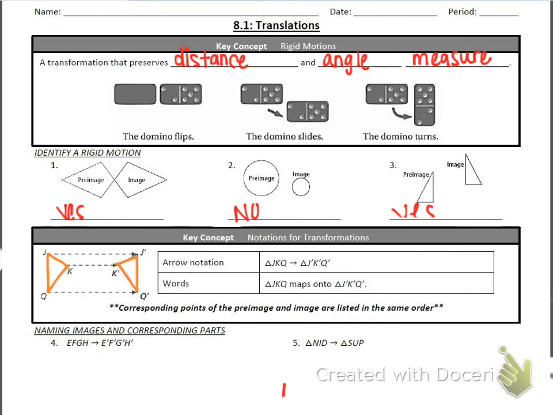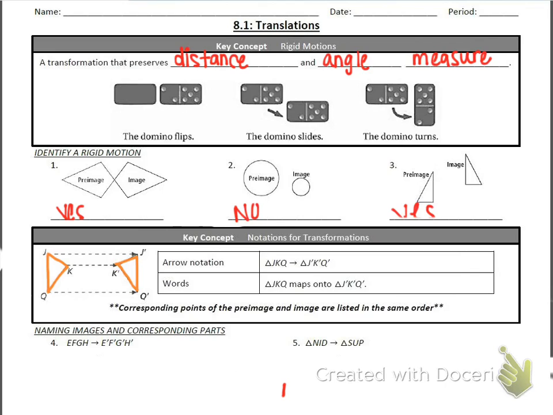We can't use the same name for the points because they're not the same point, right? Wherever J is here, I can't name this one J because it's not in the same spot. Does that make sense? So we have to give it a different name. Usually we call it J prime because that tells us what the original point was, and the prime means that I translated it, or I flipped it, or I moved the point.